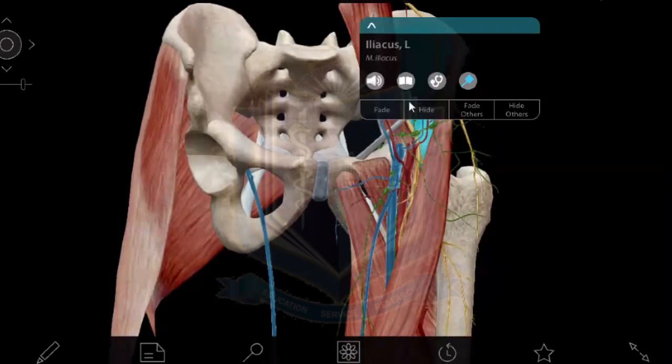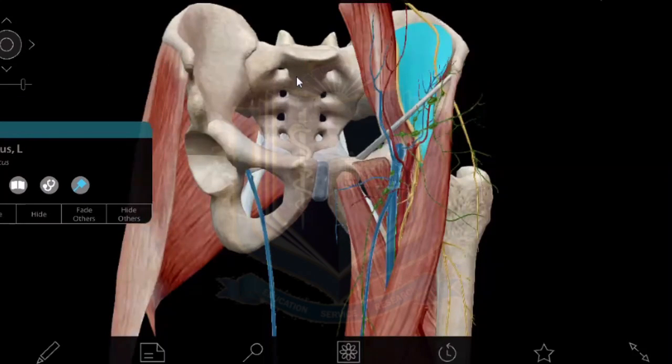Iliacus muscle, then the psoas major muscle. These two have the same point of insertion, so they are collectively called the iliopsoas muscle. Then is the pectineus, starting from the pectineal line of the pubis and inserted to the femur, and the medialmost would be again the adductor longus. So these four muscles make the floor of the femoral triangle.